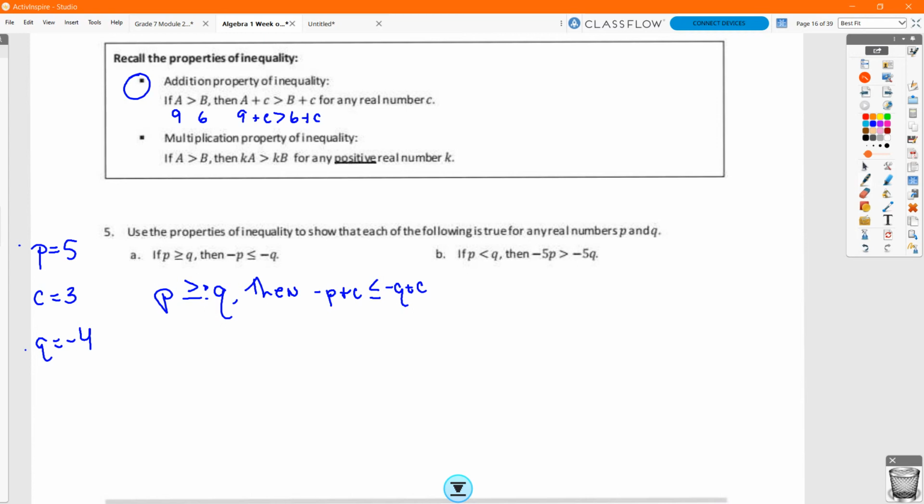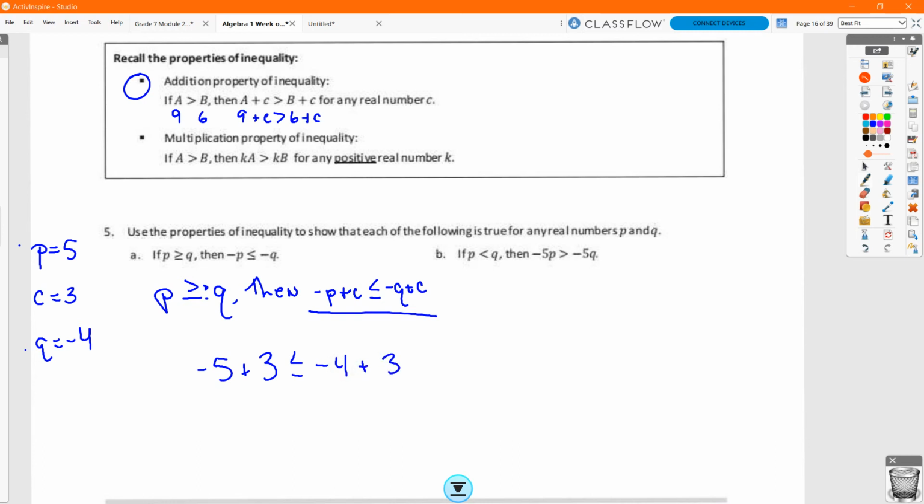Okay, so we're going to prove this. Here is P greater than Q. Now we're going to prove it by using this inequality. So a negative P, or a negative 5, plus C, which is 3, is going to be less than or equal to a negative 4 plus a positive 3.